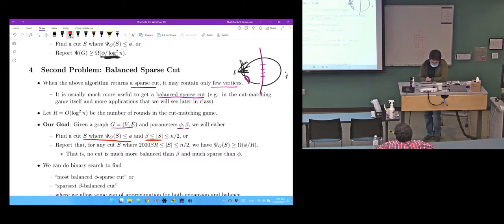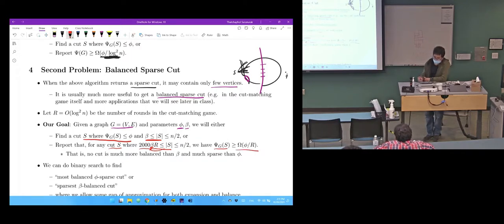Otherwise, we're going to report that any cut that is much more balanced than beta, by let's say a log square factor, cannot be too sparse.